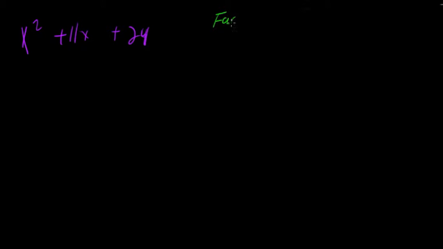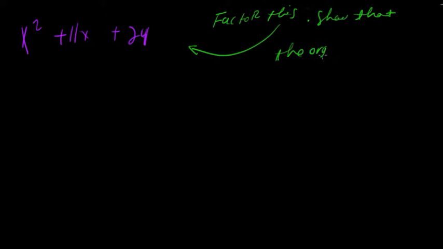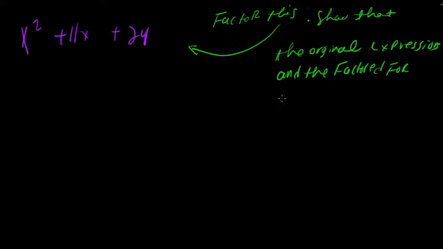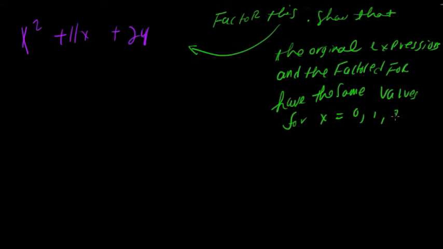It wants us to factor this, and it wants us to show that the original expression and the factored form have the same values for x equal to 0, 1, and 2.